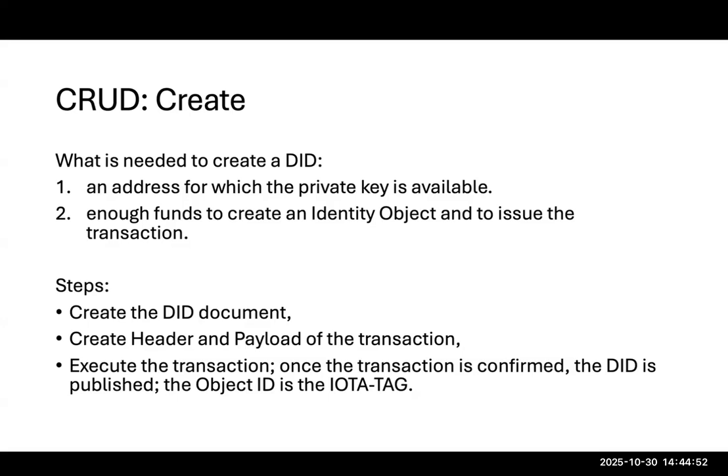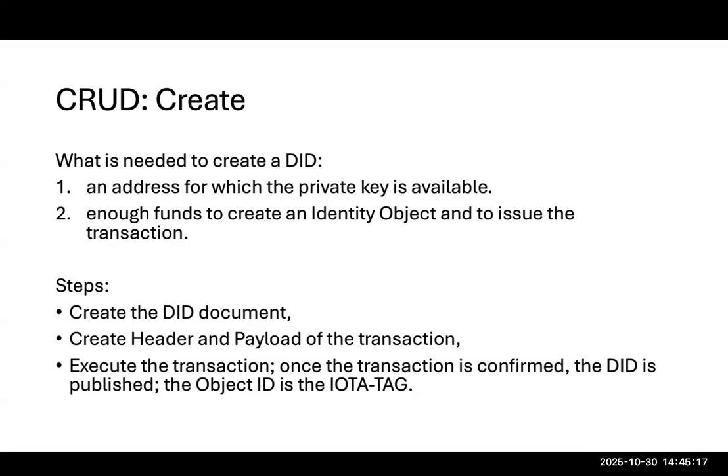What are the steps? You essentially generate the DID document, you create header and payload of the transaction, and then you execute the transaction. Once your transaction is confirmed, essentially the DID and DID document are published.